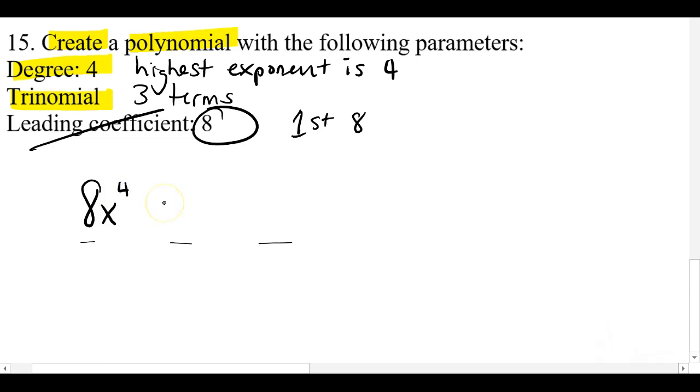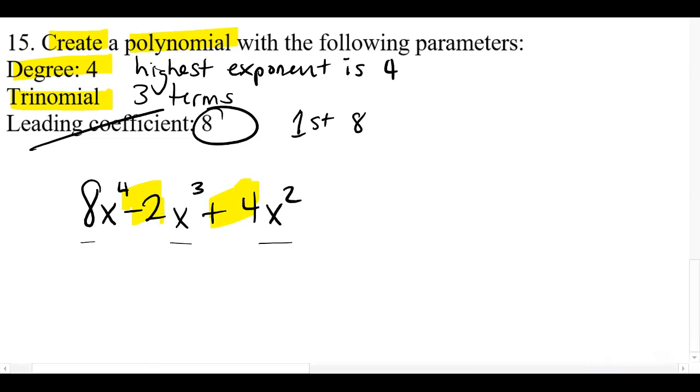And I need 3 terms. Well, let's just go down in order. So if I need 3, I start with x to the 4th, and then I go down to x to the 3rd, and then I go down to x to the 2nd. And then all you have to do is just pick a number. Minus 2, and then I don't know, I'll choose plus 4. So these last numbers here, you can choose whatever number you want.